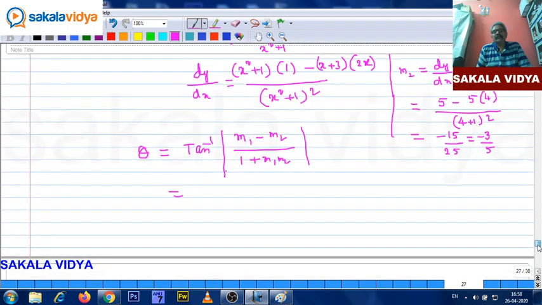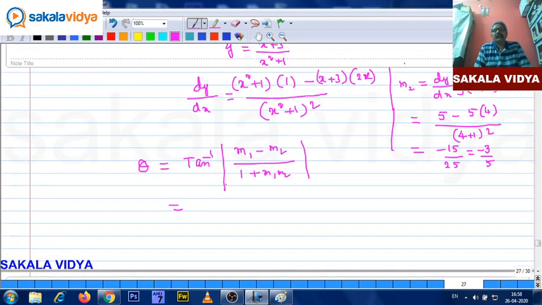Minus 4. So, m1 equals minus 4. So, we can substitute tan inverse of minus 4 plus 3 by 5 upon 1 plus m1 into m2, plus 12 by 5.